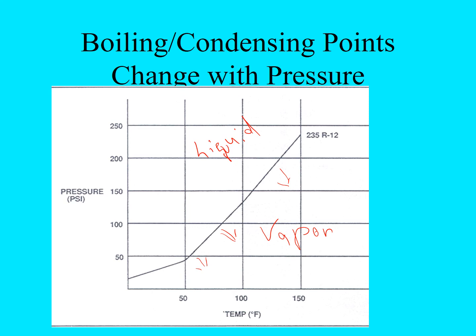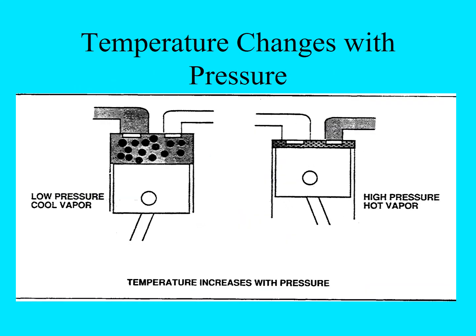And then on the other side of the system, or the low pressure side, we're going to lower pressure so that we can get it to evaporate. So again, if we increase the pressure on a vapor, it's going to heat up. And we do this with a compressor.